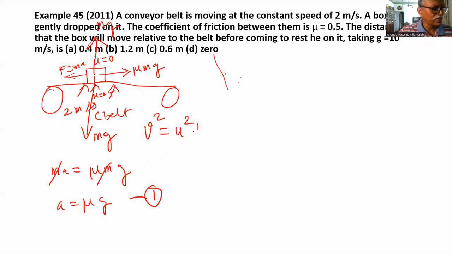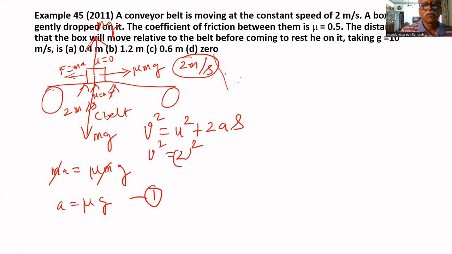We know that v square equals u square plus 2as, and we have to find s. The initial relative velocity is 2 meters per second because the belt is moving at 2 meters per second. That's why u is 2 meters per second. V square equals 0 because finally it has to come to rest. Plus 2 into a, which we just got as mu g.